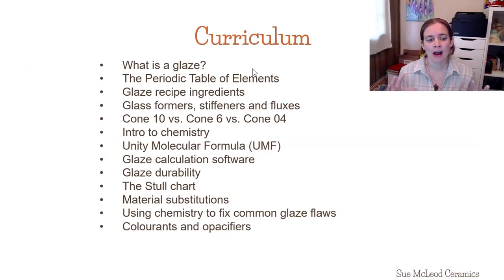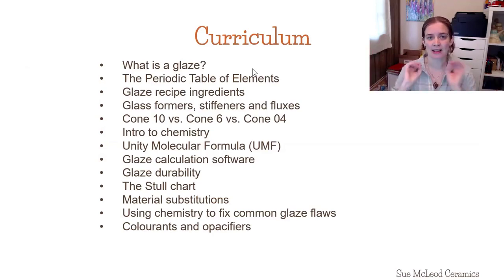That's what the unity molecular formula does: it takes all these ingredients and shows us the chemistry of that combination of ingredients. And that's the basis of everything we're going to use to understand, manipulate, change, and fix glaze recipes.